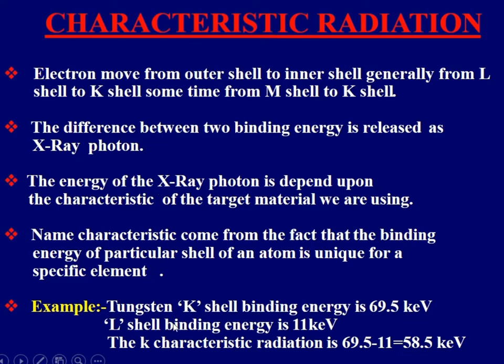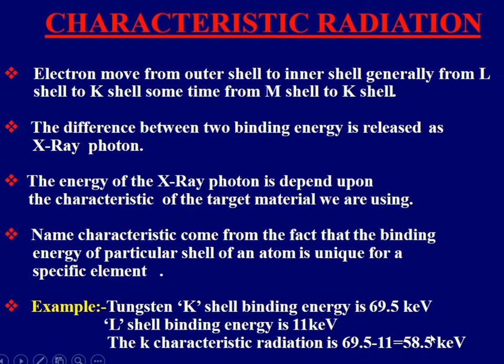Now the binding energy of different shells is different. The material is the same, tungsten. The binding energy of the K shell is 69.5 kilo electron volt, and the binding energy of the L shell is 11 kilo electron volt. So whenever there is a transition from the K shell to the L shell, a photon will be released in the form of X-rays.